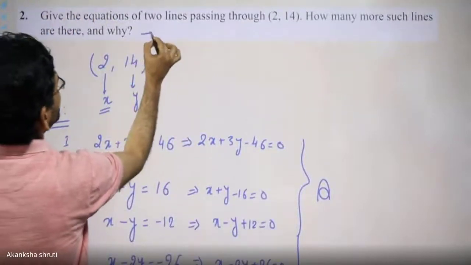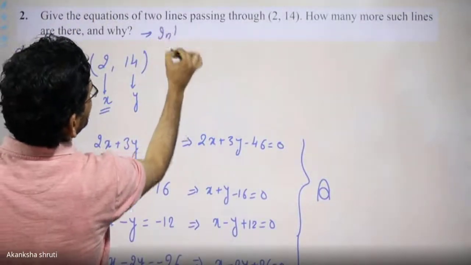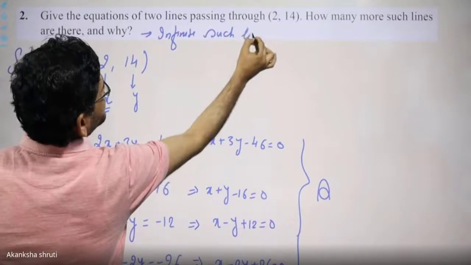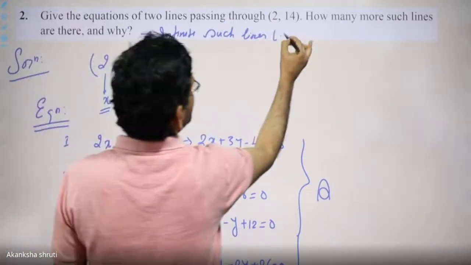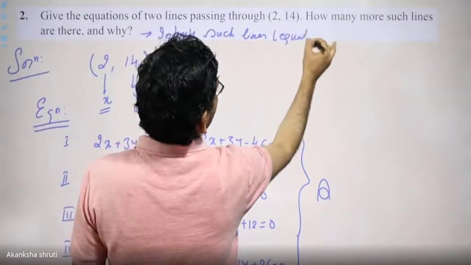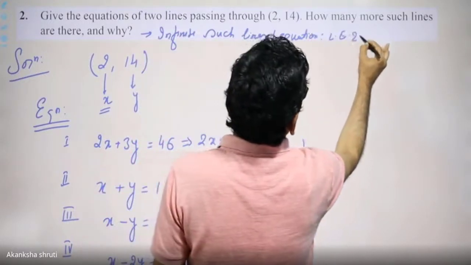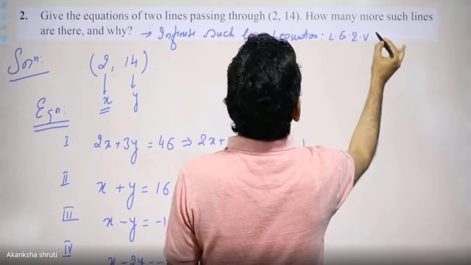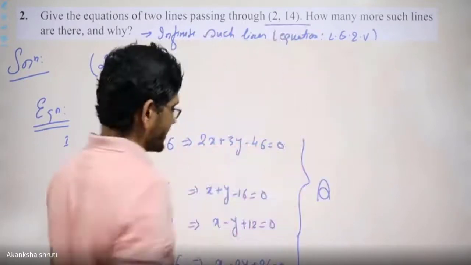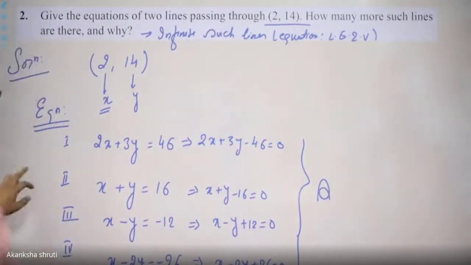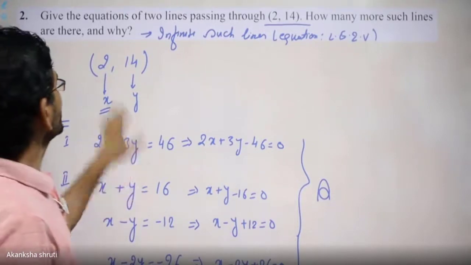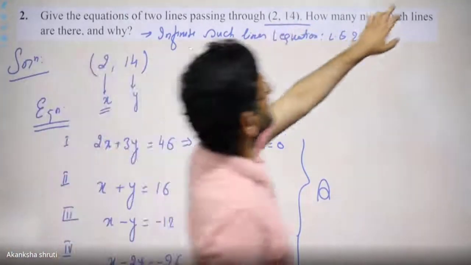So the answer is infinite such lines. Such lines means the equations. Which equation, student? Linear equation in two variables which passes through this point can be written. So this is the way of writing the equation when the solution is given.